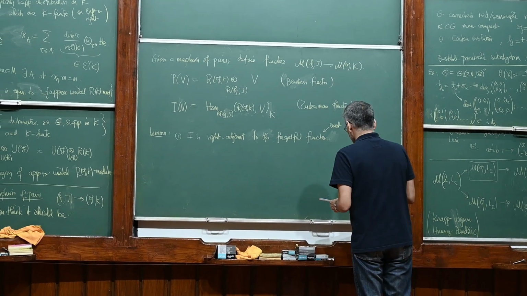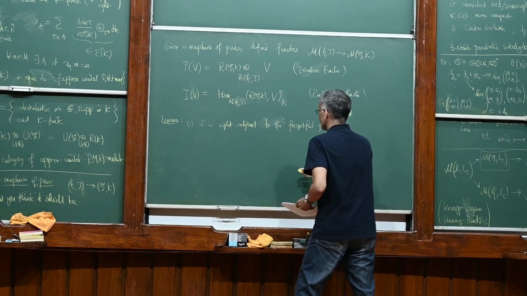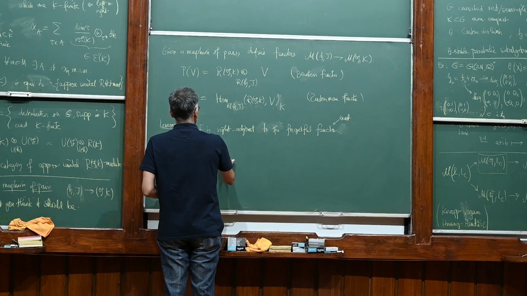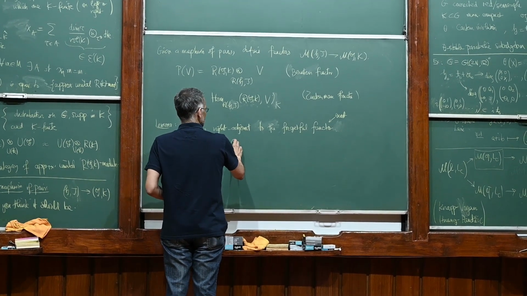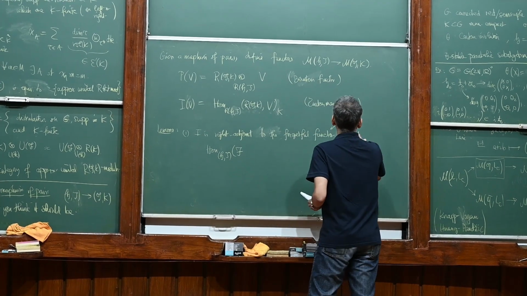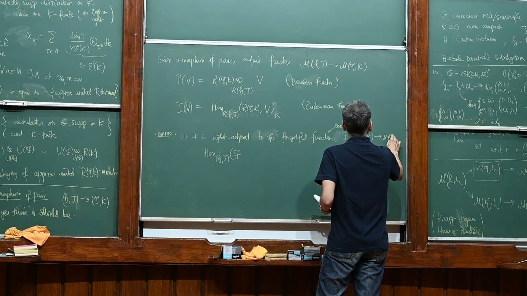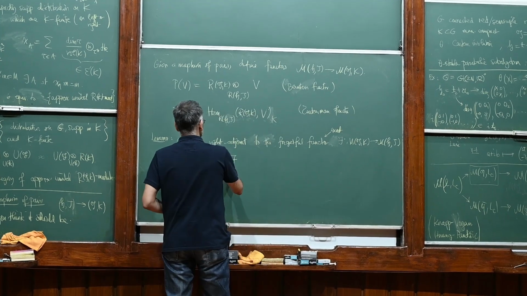So once something is right adjoint to an exact functor, okay, let's write what this means. So there are in Hom, H, J, let's say forgetful functor F. Okay, so that just is the forgetful functor.